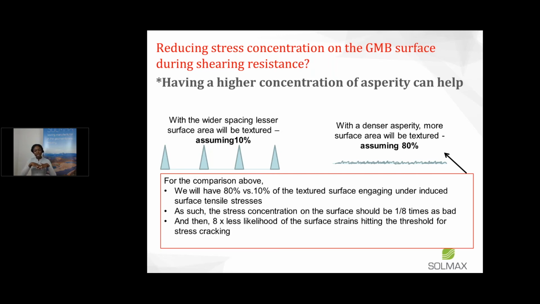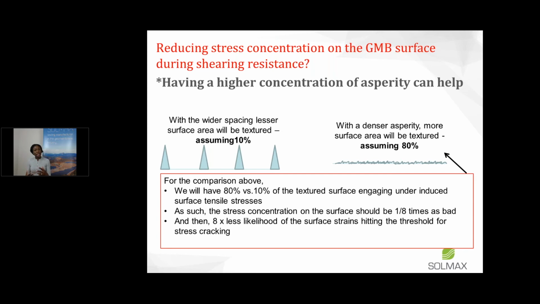So you're distributing that stress over a wider area of the geomembrane, so each individual asperity is carrying less load. The stress concentration on the surface of the geomembrane should be about 1/8 times as bad as what you would have with a 10% asperity that's further spaced apart.